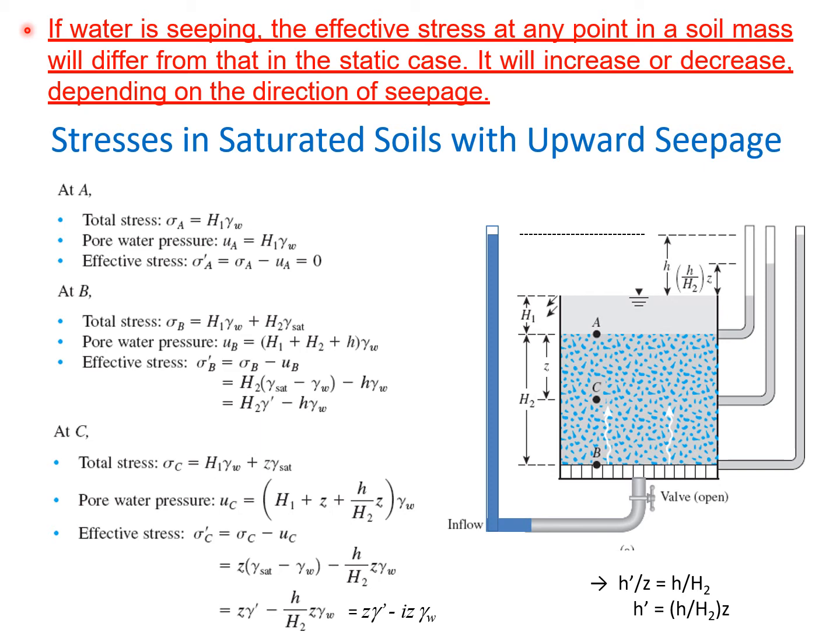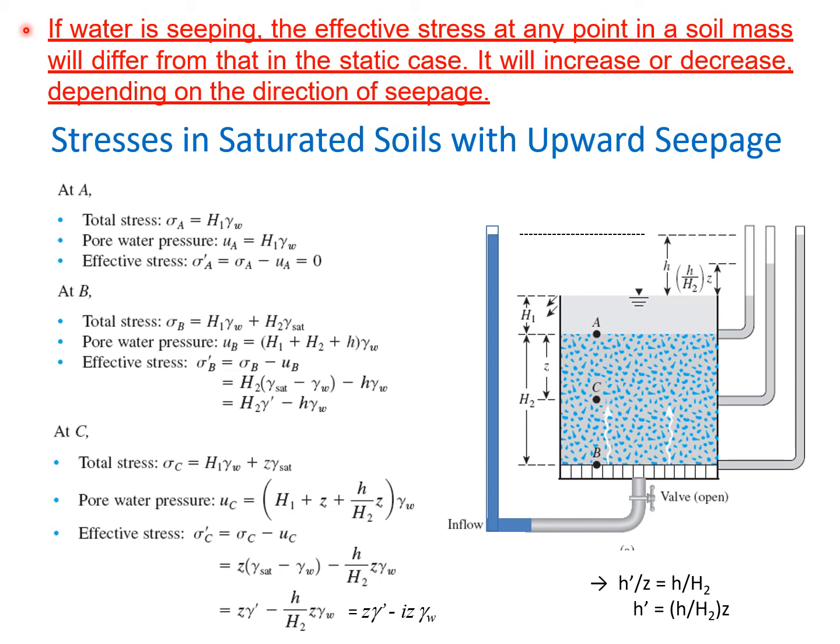Okay, there is one important point which is mentioned in the beginning of this particular slide, because in the following slides we are going to discuss the cases of seepage. First we will consider the upward seepage case and then the downward seepage. If water is seeping, the effective stress at any point in a soil mass will differ from that in the static case, when there is no seepage, that's the case that we have discussed in the previous slides.